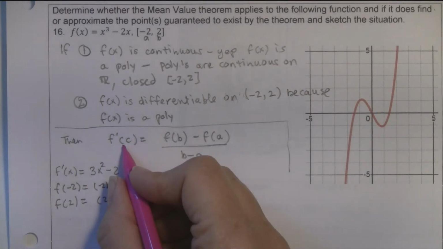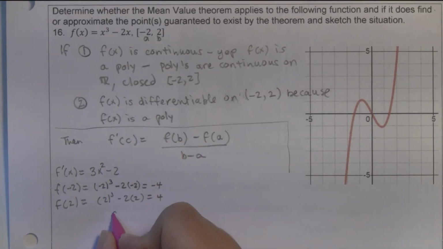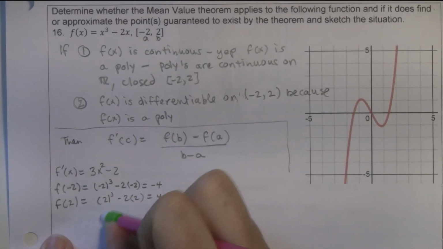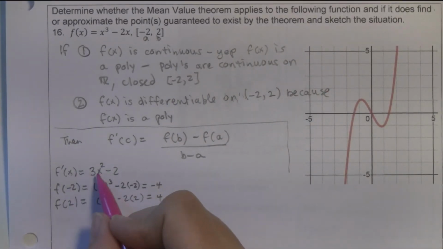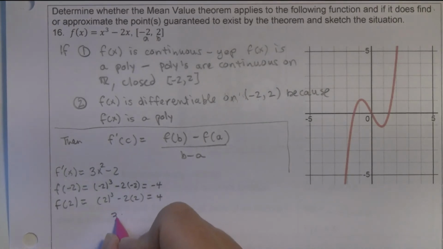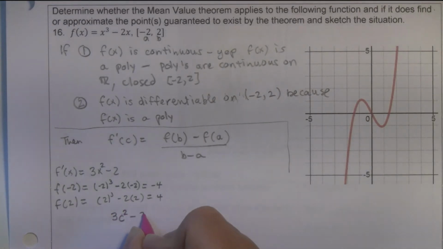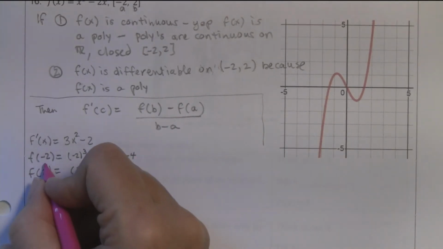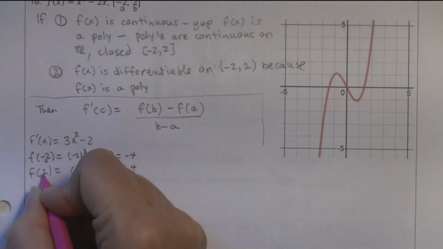So f prime at c is f, oh, excuse me, sorry. I was trying to plug in c right in here. So this is 3c squared minus 2 equals, and then f at b, I'm going to write this is a and this is b.